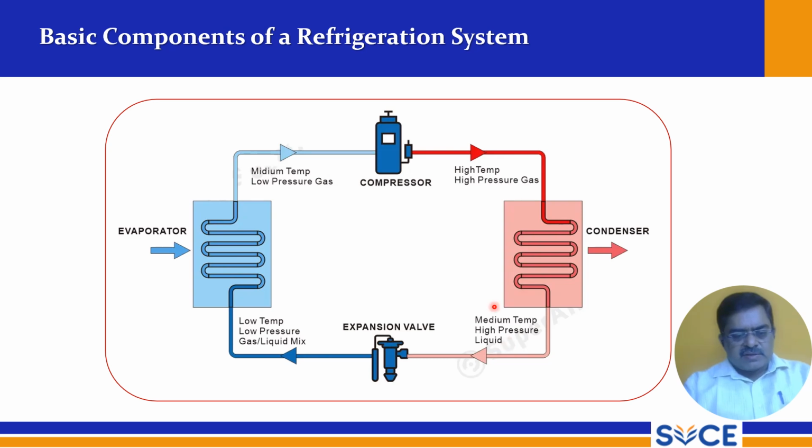The expansion valve does this work: it becomes low temperature, low pressure gas and liquid mix. So here it reduces the pressure and the temperature, and it enters the evaporator. The evaporator gives medium temperature, low pressure gas. So this is a cyclic process. This is what is happening in the vapor compression system and other refrigeration systems. This is a very basic refrigeration system model.